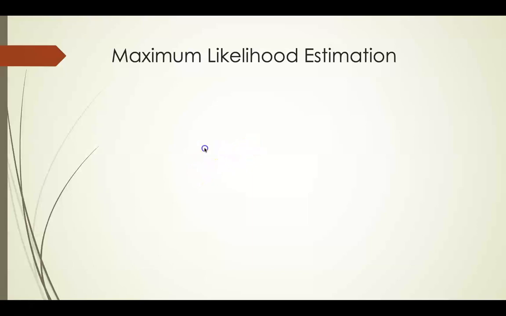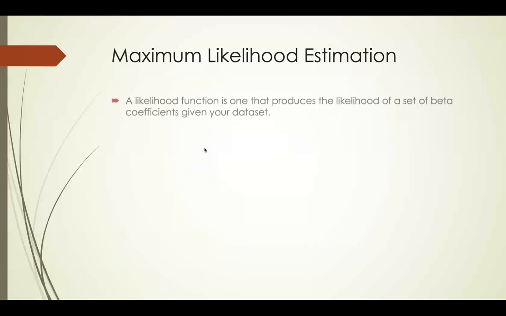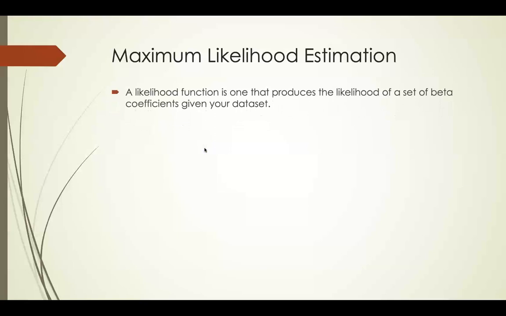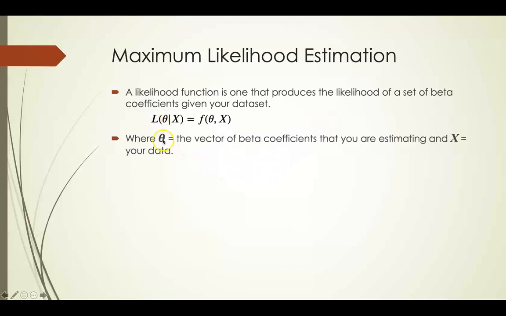In order to do maximum likelihood estimation, we need a likelihood function. A likelihood function is one that produces the likelihood of a set of beta coefficients given your data set. Mathematically, it looks like this, where theta is the vector of beta coefficients that you're estimating, and x is our matrix of data.